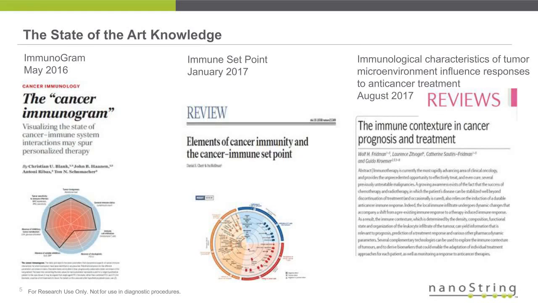This slide highlights just a few of the major publications that have come out in the past year, which seek to provide different frameworks for understanding how tumors and immune systems are interacting. NanoString leverages publications and the latest research such as these, along with our own internal research, to build gene expression panels that are going to be highly informative and highly useful for all of our users.